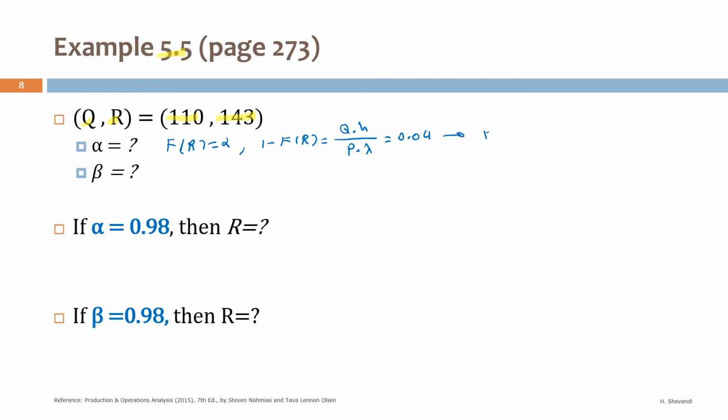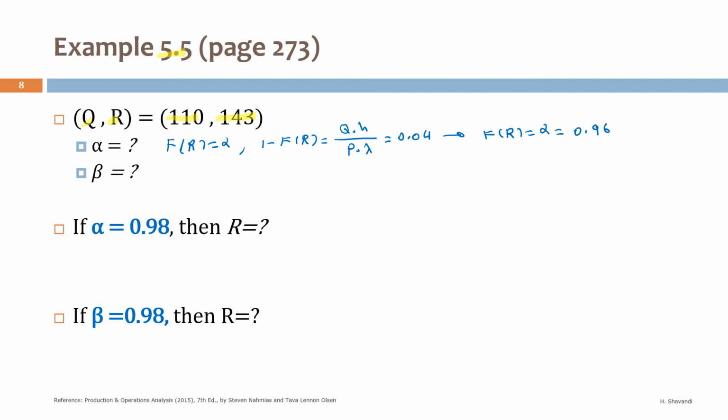So by having this F(R) equals alpha here, it becomes 0.96. So this means that our type 1 service level is 0.96, or in 96% of times we will not be in a stock out situation, and we may be in a stock out situation in 4% of times.